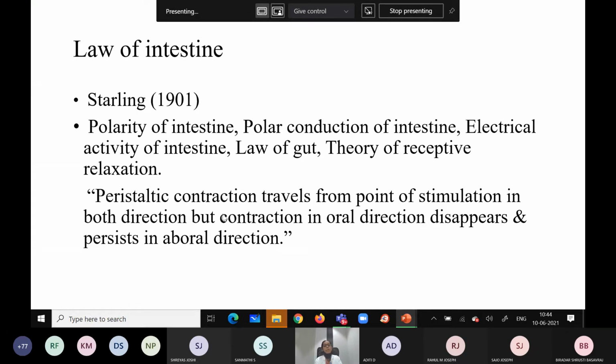This shows that peristaltic contraction travels from the point of stimulation in both directions, aboral and oral, but the contraction in the oral direction disappears and persists in the aboral direction. This is called the law of the gut or law of the intestine. Hence, the peristaltic wave always moves in the aboral direction.